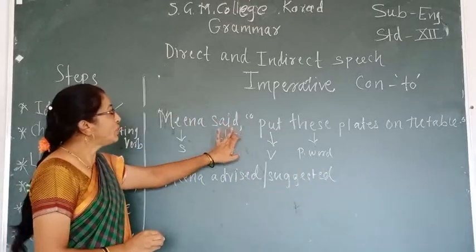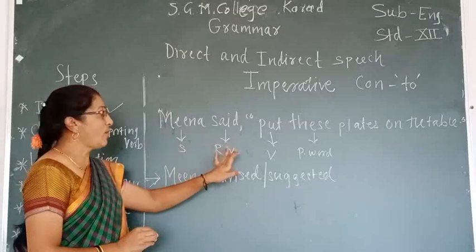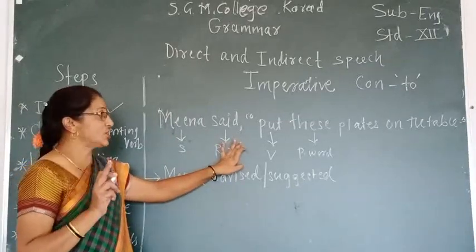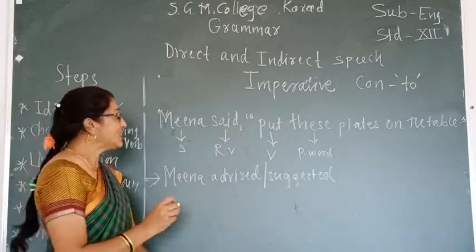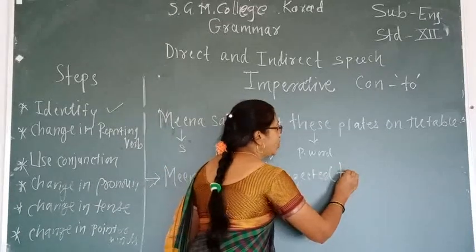Then remove the comma and double inverted commas, and first use the conjunction. In imperative sentences we use the conjunction to.